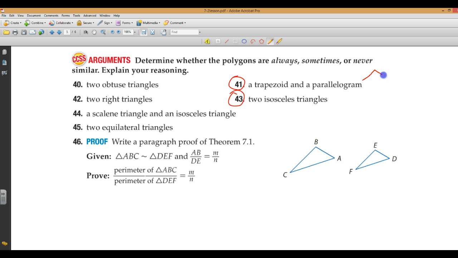Here would be an example of two isosceles triangles that are not similar, and then if I wanted an isosceles triangle similar to this one, it would look something more like this. So these two would be similar, these two are not.